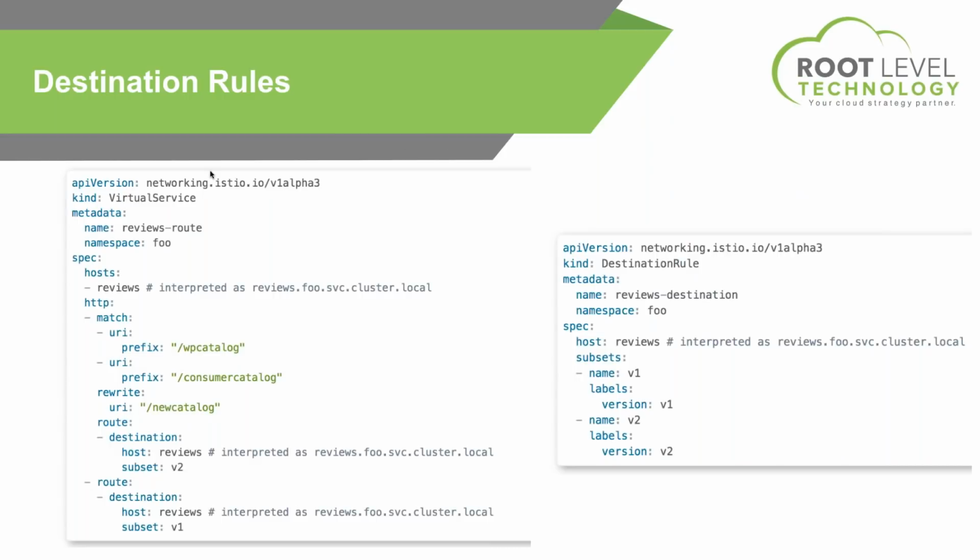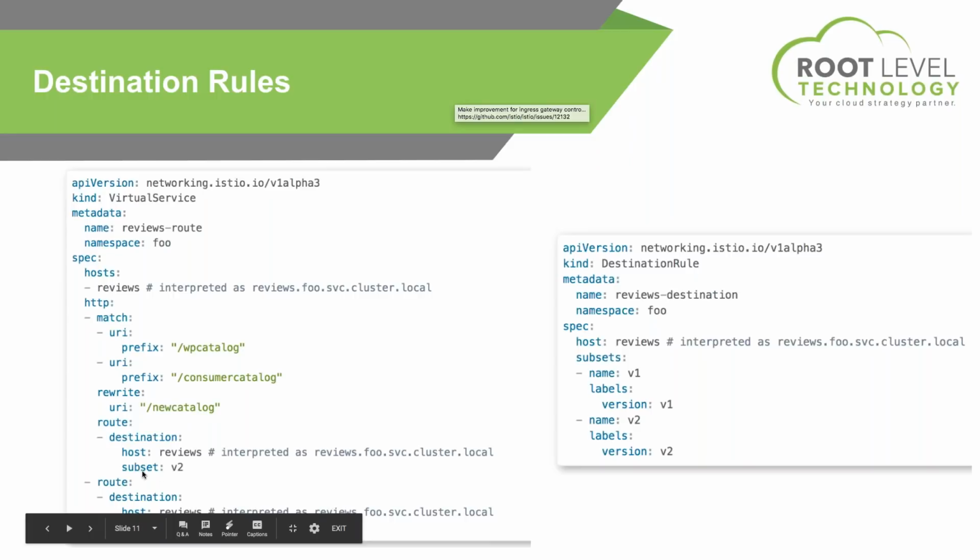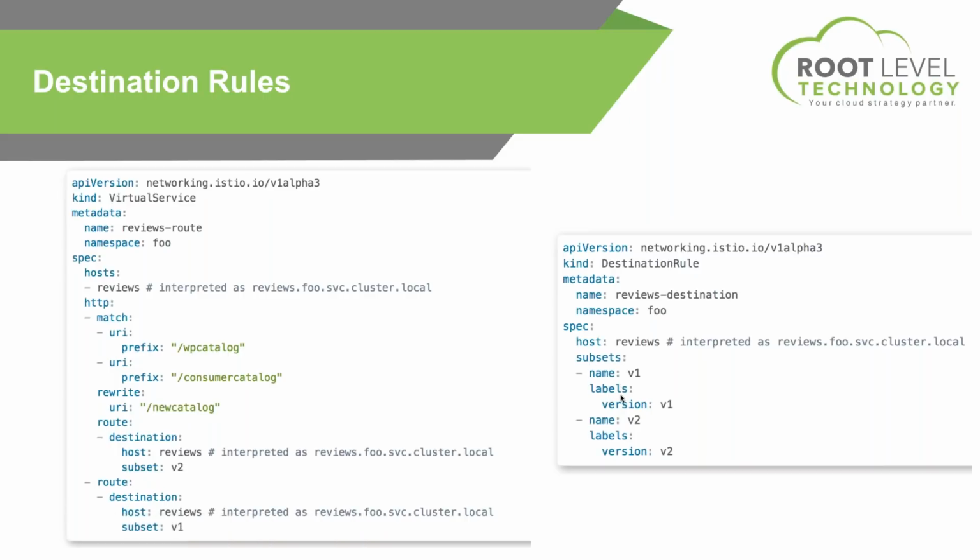Another thing that commonly wants to be done is people want to control their routing, maybe for A/B testing, maybe for a canary deploy, maybe to roll it out to an internal user to test. Basically, you set up a subset in your destination rule and give it a name. In the destination rule to the right here, there's an array of subsets, and then you can just set labels.